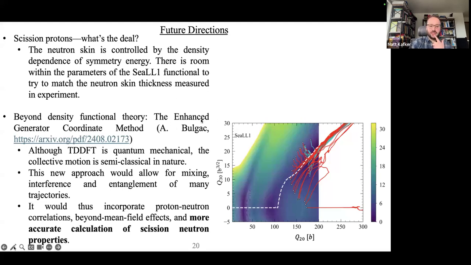And this is a new idea that Aurel has had, which we're looking forward to applying to our fission calculations very soon. And it would include ingredients which right now are missing from the code, including proton-neutron correlations, beyond mean field effects, and hopefully this will also mean more accurate calculation of scission neutron properties and things like this. So that is all work to come.